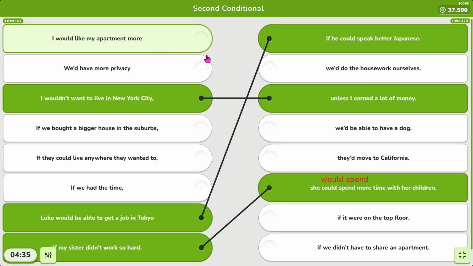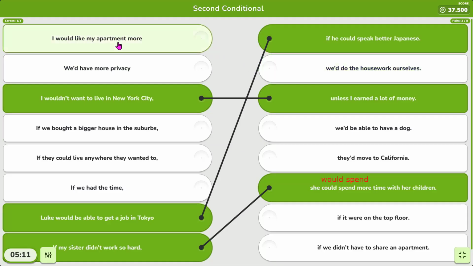Oh, it's another one. We do the housework ourselves. Okay. Let me try. You can do it.